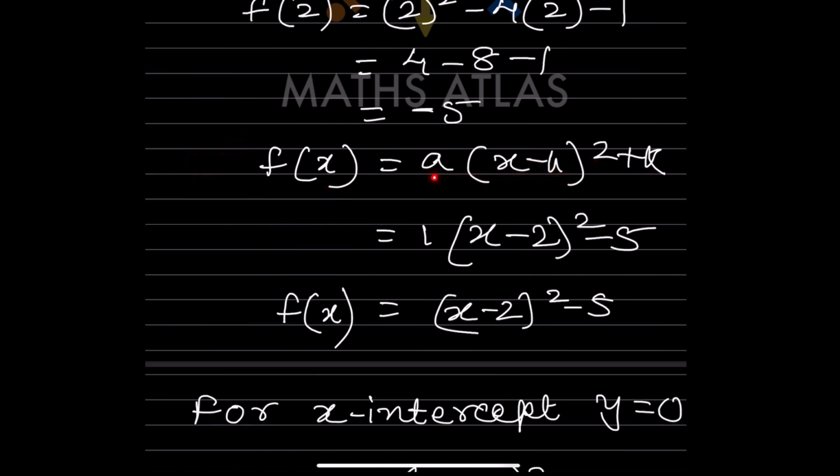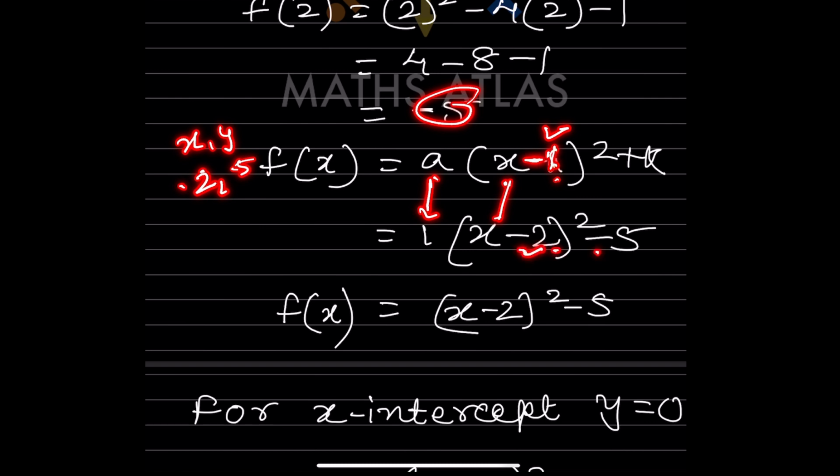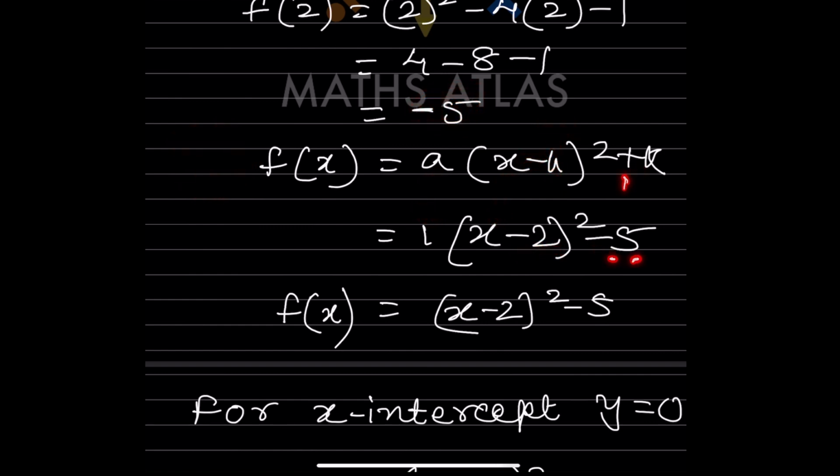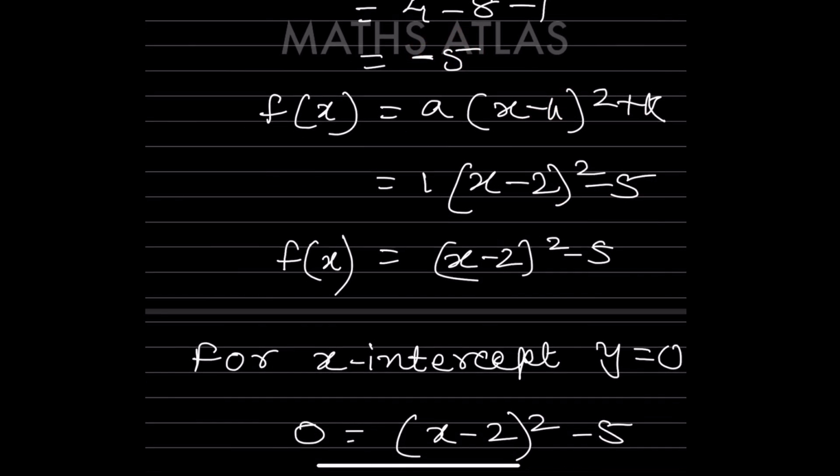So now you know a is 1, and h and k are the same x and y values you got here: x as 2 and y as minus 5. Because in the formula we have minus, we put minus 2 squared, and this is already minus, so you write minus 5. So f of x is x minus 2 whole bracket squared minus 5.